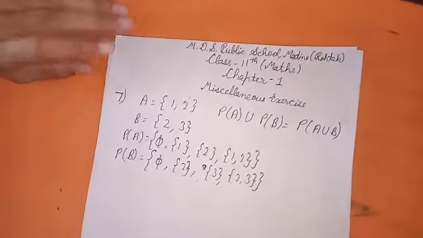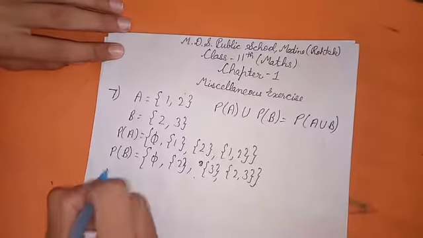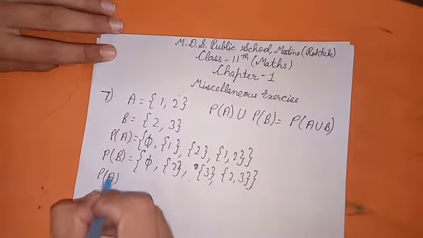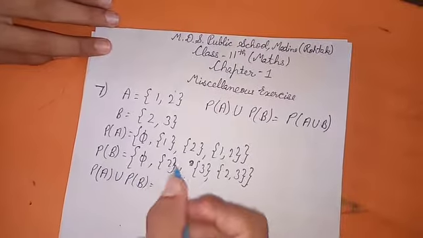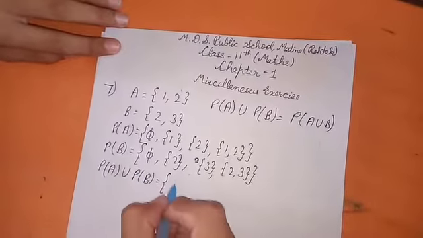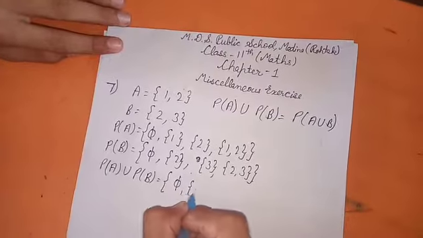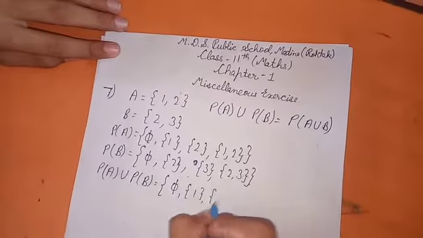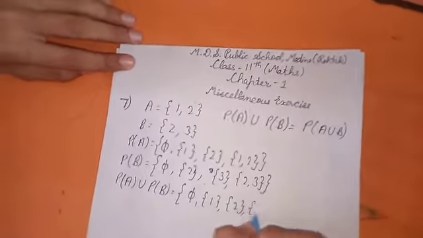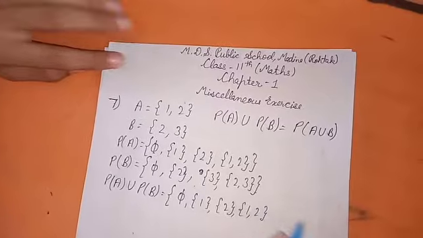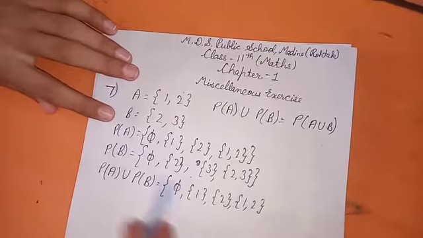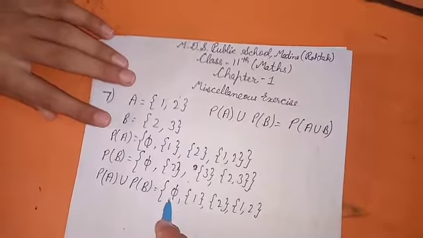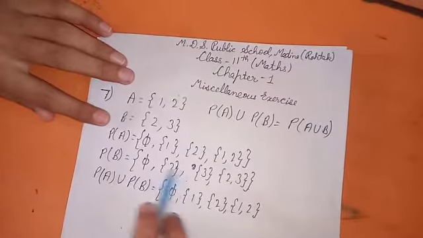Now we will take their union, P of A union with P of B. That is equal to the empty set, {1}, {2}, {1, 2}. These are the elements of P of A. Now you check which are common in P of B of them, the empty set and {2}.